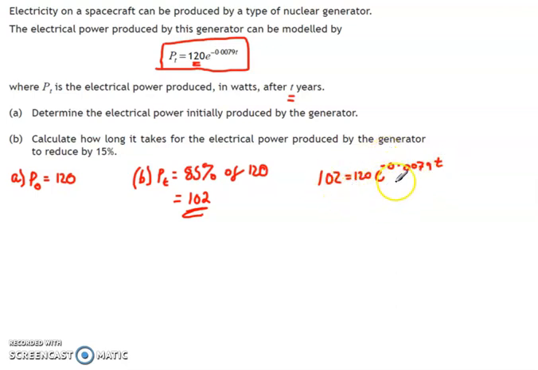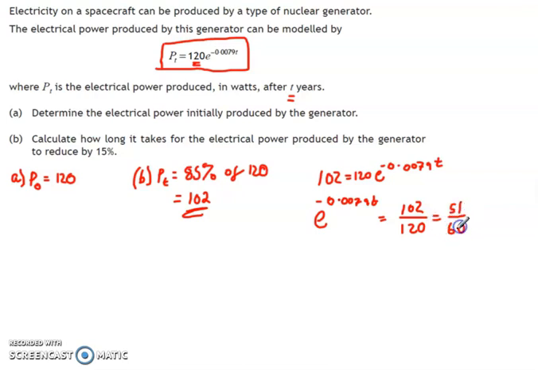Now to solve it, firstly what we want to do is shift everything from this side to begin with so that we're only left with e to a power. So we'll shift it so we get e to the power of negative 0.0079t is equal to 102 over 120. Now we can leave it like that, or you can write it as 51 over 60.